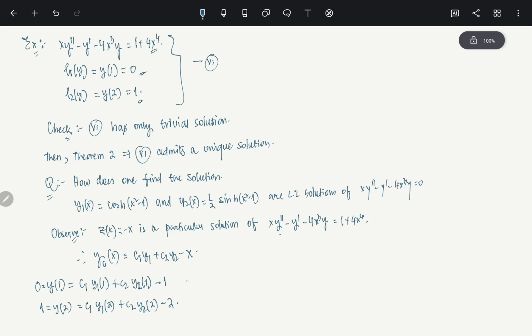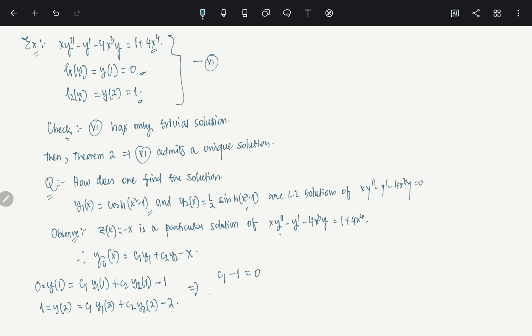Now if you write down these equations, this will imply c1 minus 1 equals 0. This is what you are going to get. You just evaluate y1 at the point 1 and y2 at the point 1, so basically it becomes c1 minus 1 equals 0.